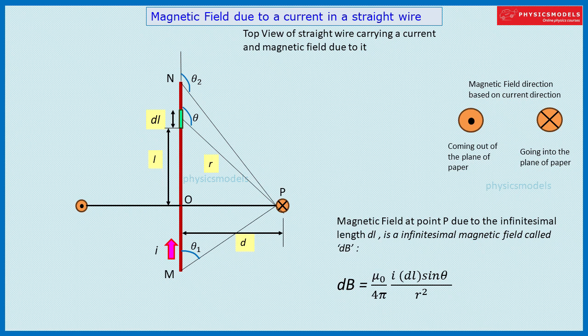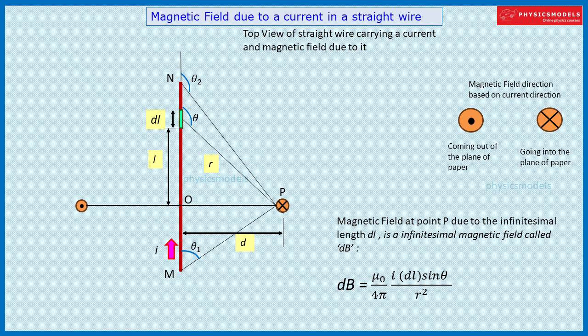The distance of the point P from the wire is OP equal to d, and we now select an infinitesimal length of wire called dl using differentiation methods, and that dl is at a length l from the point O. The dl subtends an angle theta with point P, and the length of the wire, which is MN, has two angles.